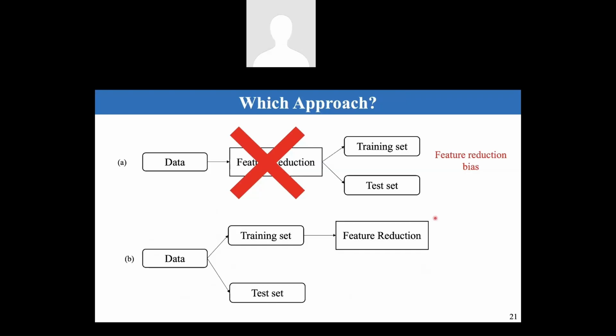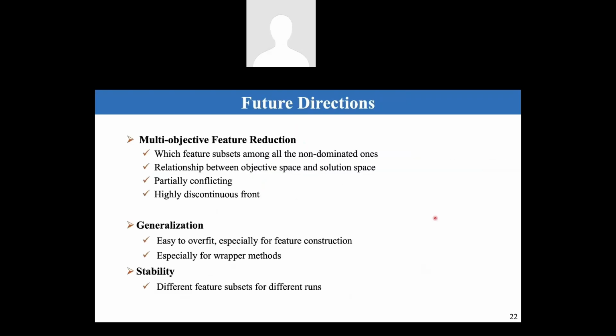And also I would like to emphasize a little bit more on the future directions we can take for multi-objective feature selection. The first one here is, of course, that for evolutionary multi-objective feature selection, we can evolve a set of non-dominated solutions. They are subsets with different trade-offs between the number of features and the classification accuracy.